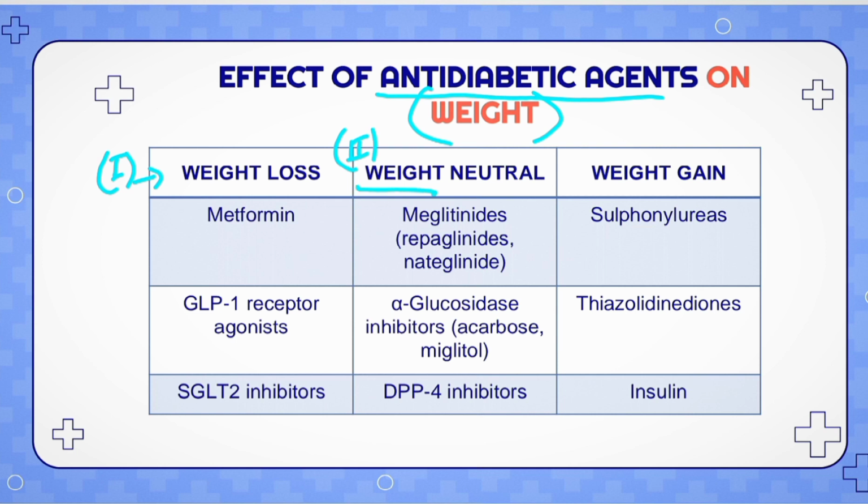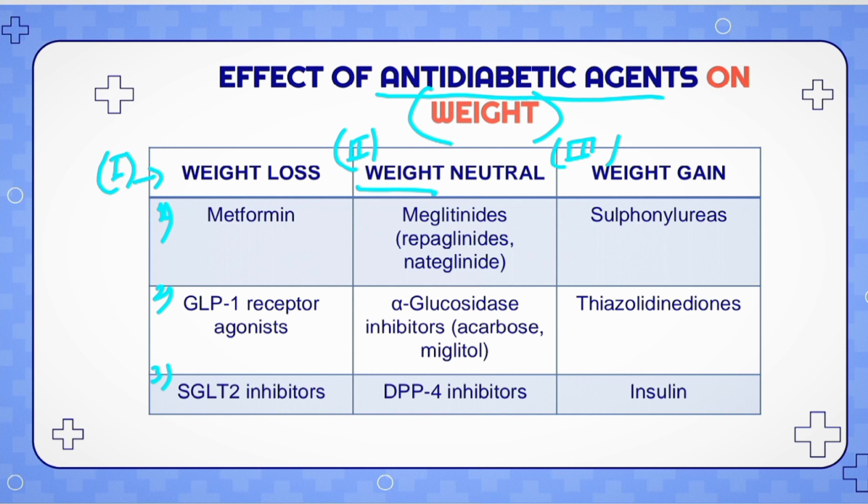And the third category relates to gain in weight. The drugs which cause weight loss are, the first one metformin, the second one GLP-1 receptor agonists, and the third one SGLT2 inhibitors.